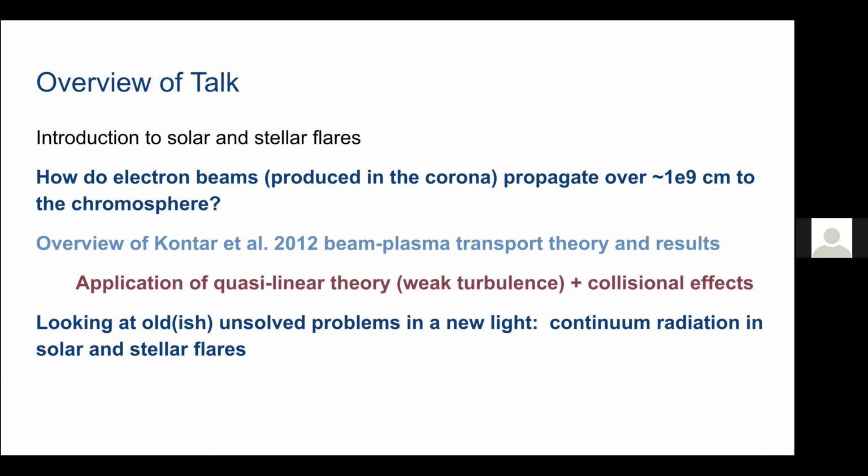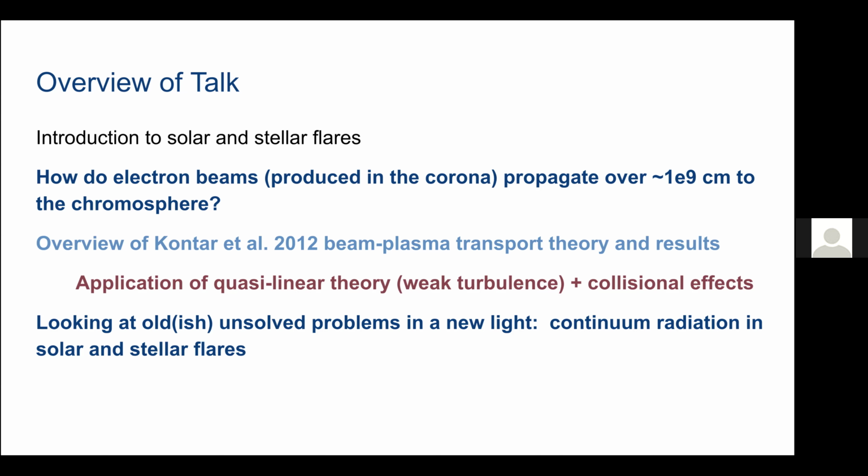And what happens to this beam after it's formed? Somehow it gets from its origin high up in the solar atmosphere all the way down to the low atmosphere to initiate the flare itself. The details of this are very interesting and very hard to explain. I'm going to talk about what I think is a breakthrough in this problem, and it's going to involve a combination of different approximations.